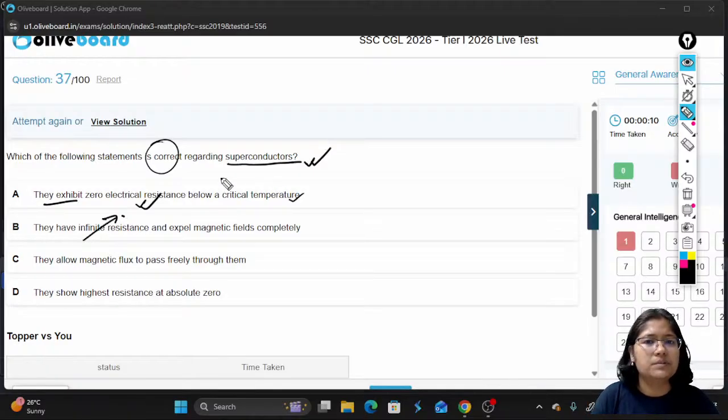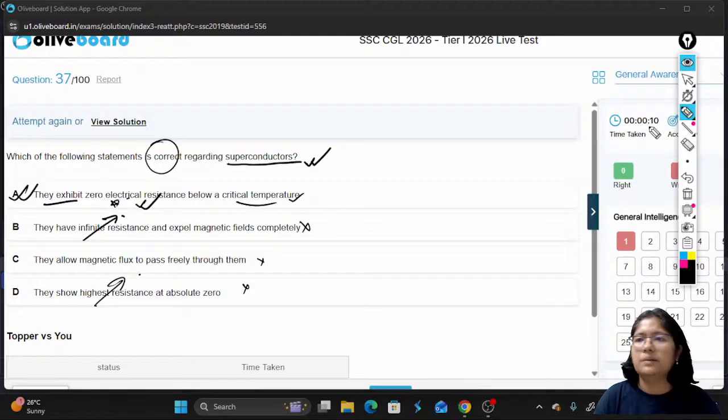It is not possible; infinite resistance means they will not conduct. They allow magnetic flux to pass freely through them. They show highest resistance at absolute zero. So what is the correct answer here? A is the correct answer. They exhibit zero electrical resistance below a critical temperature.